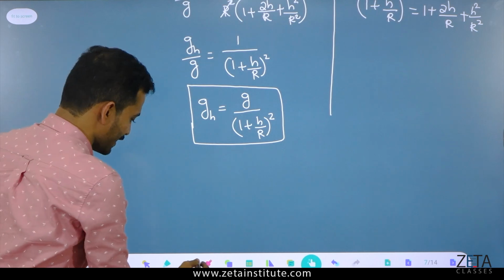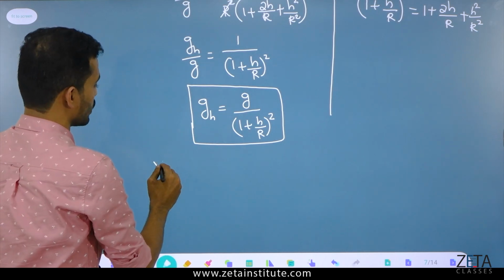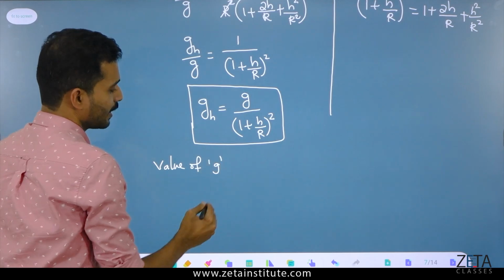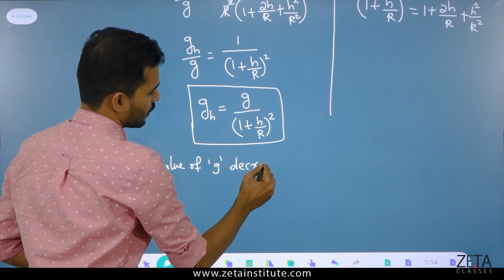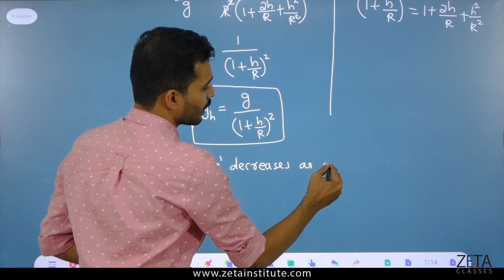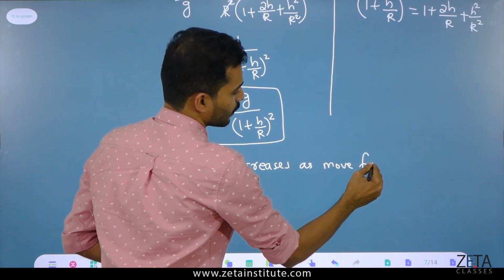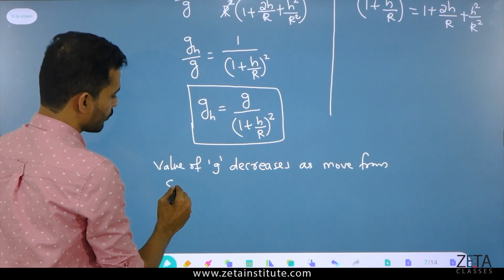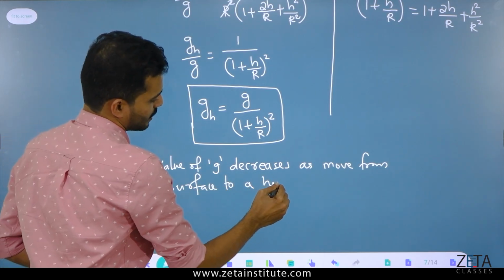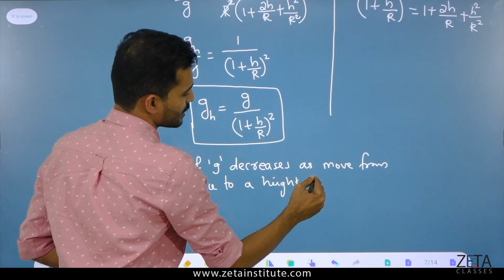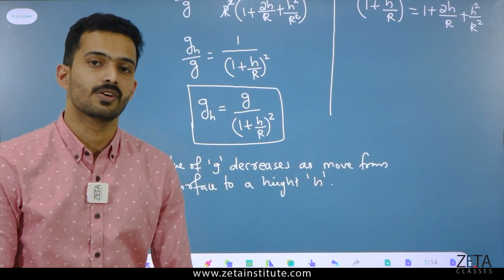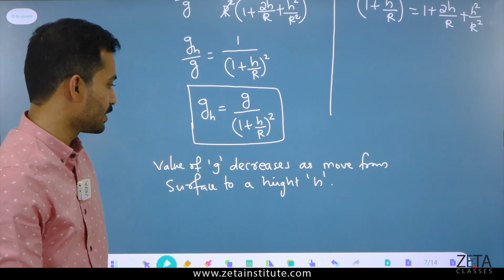So the value of g decreases as we move from the surface to a height h. When the height increases, the value of acceleration due to gravity decreases.